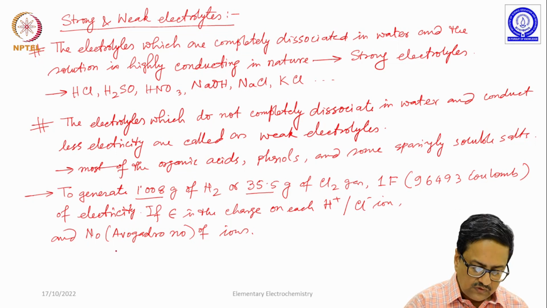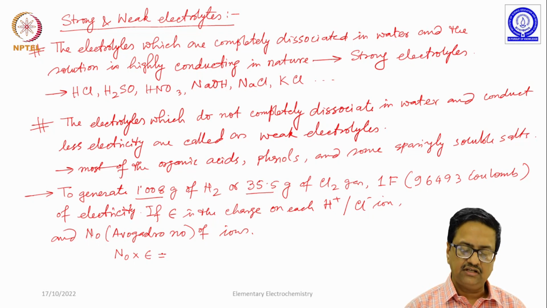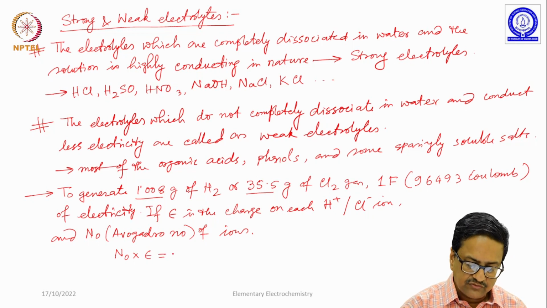So then N0 into charge of each ion is nothing but the total amount of electricity, that is 1 Faraday.